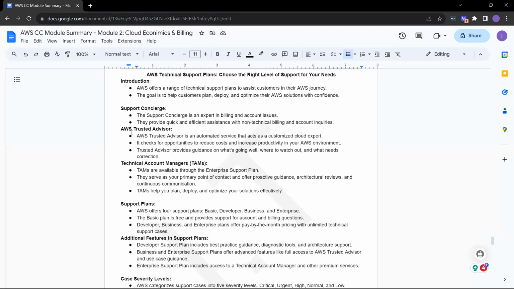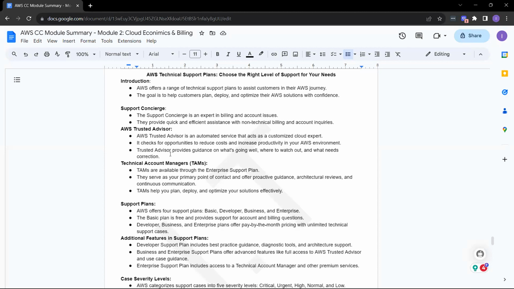It checks your whole infrastructure and says, okay, you can do this to reduce cost. So instead of spending on, let's say, 4 on-demand instances, looking at your usage trend you can spin up 2 reserved instances and have 2 on-demand instances. That is what the Trusted Advisor does. It advises you on the best practices that you can use to save cost.